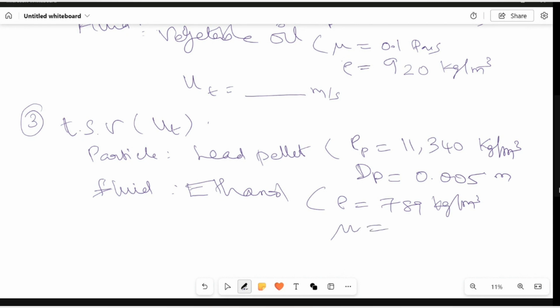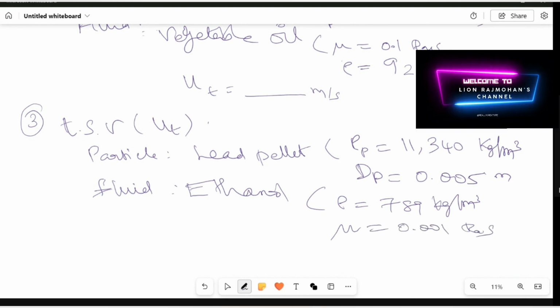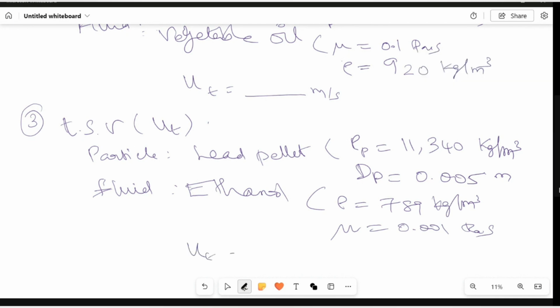Viscosity, you can take that of water, that is 0.001 Pascal second. We are going to get UT in meter per second.